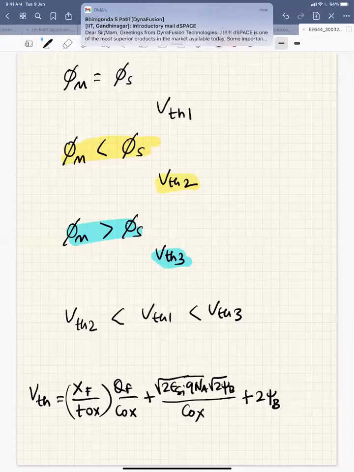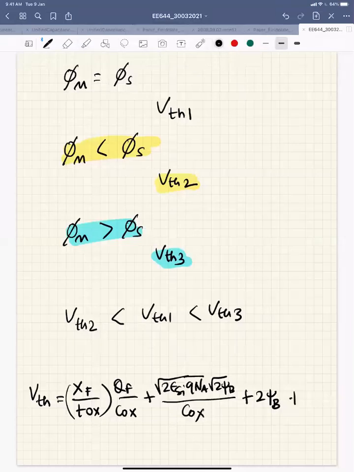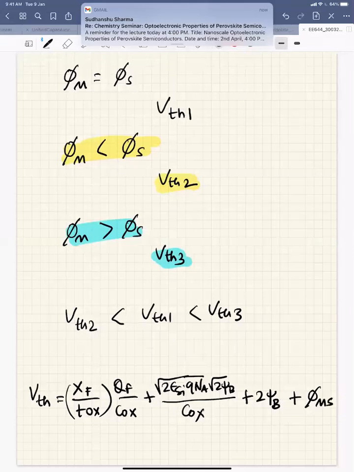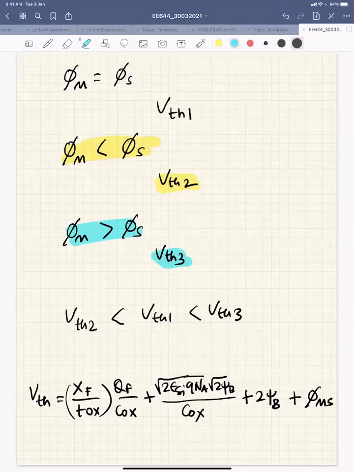Now I have to add something called phi ms, right? This just tells you the work function difference. So if your phi ms is negative, that means your phi m is less than phi s, your threshold voltage will be low. If your phi ms is positive, that means phi m is more than phi s, your threshold voltage will be higher, right?